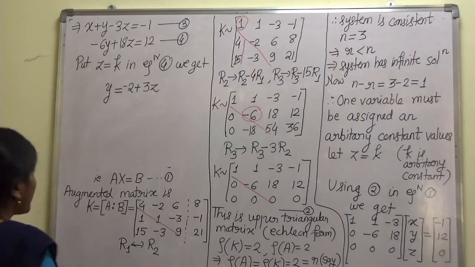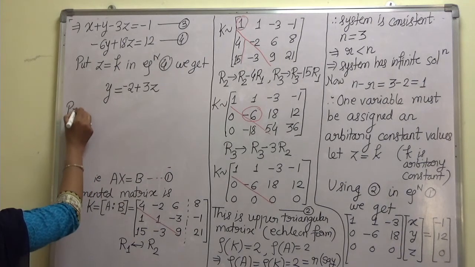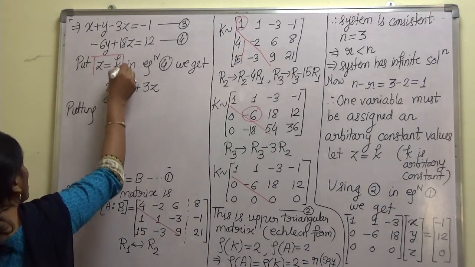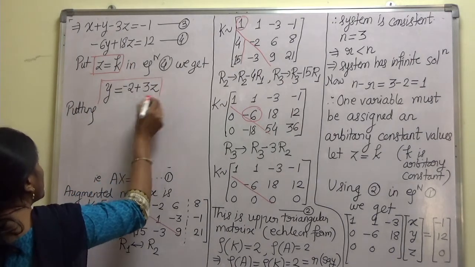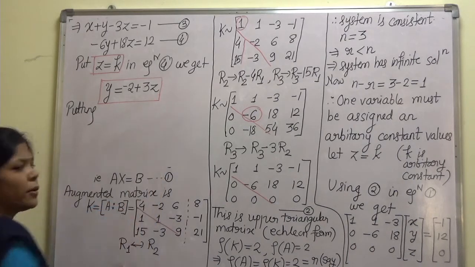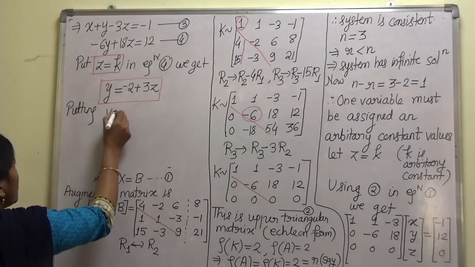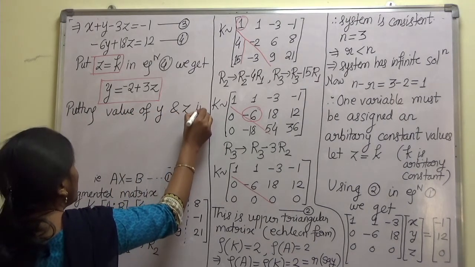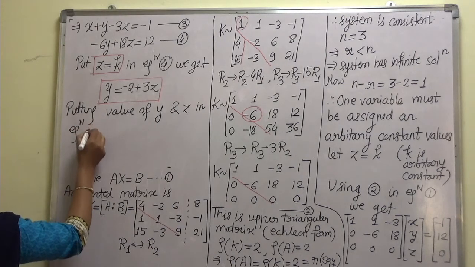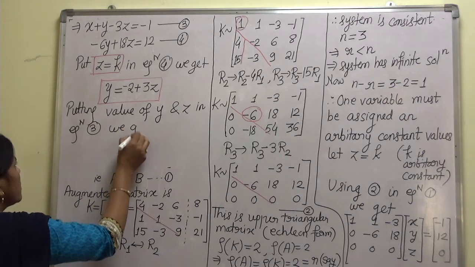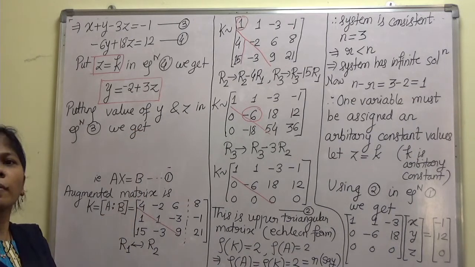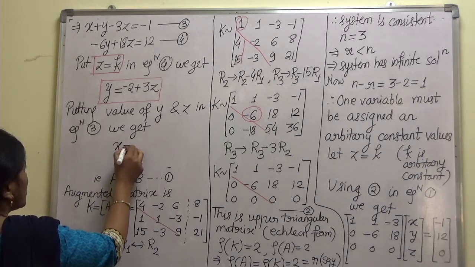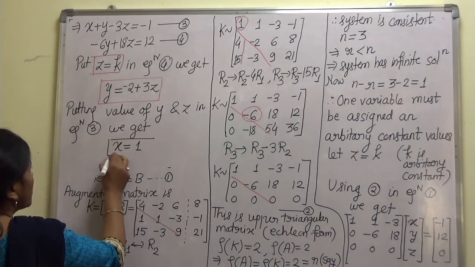Now putting this value of y and z in equation number 3 in order to get the value of x. Putting the values of y and z in equation 3, after simplification, we get x as 1.